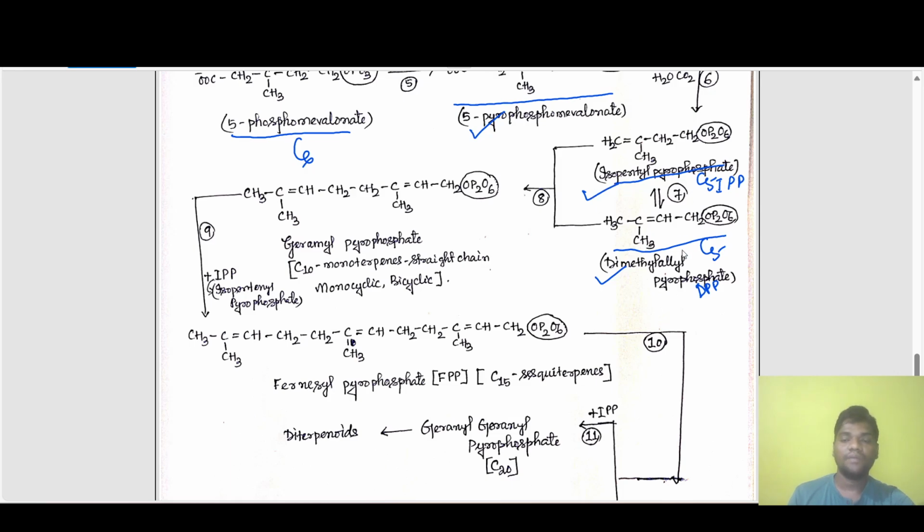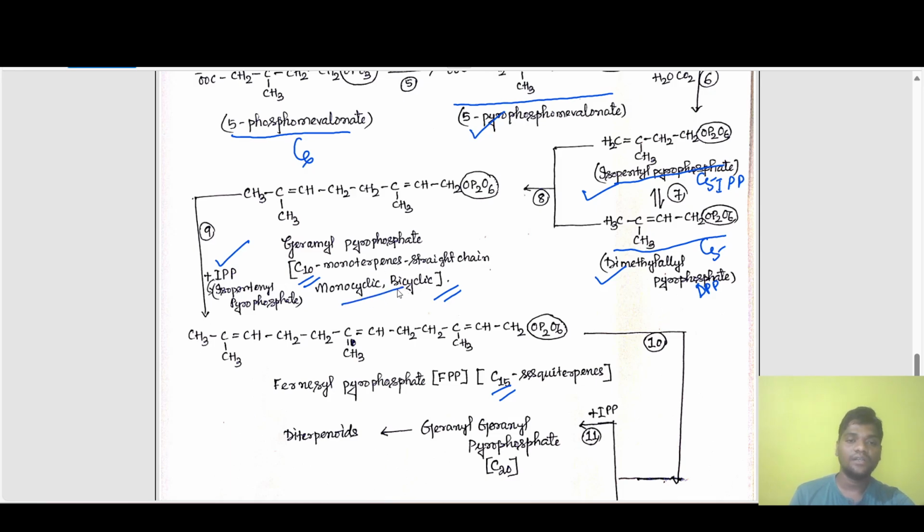Now this IPP and DPP, which are C5 type of compounds, will combine together to form geranyl pyrophosphate, that is a C10 type of compound, the monoterpenes, which can be straight chain, monocyclic or bicyclic. After formation of this C10 compound, it will convert to another compound, a C15 type of compound, with the addition of one molecule of IPP, isopentenyl pyrophosphate.